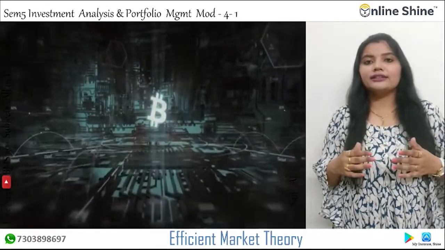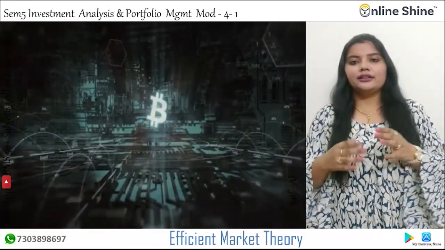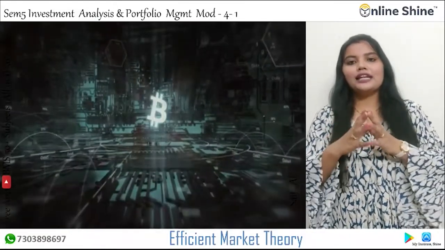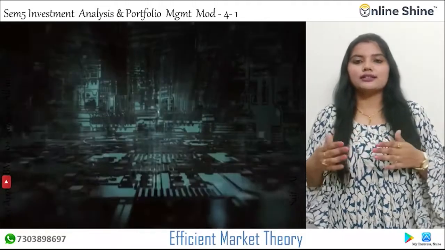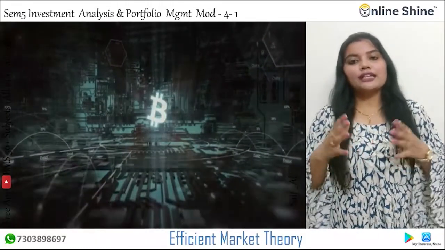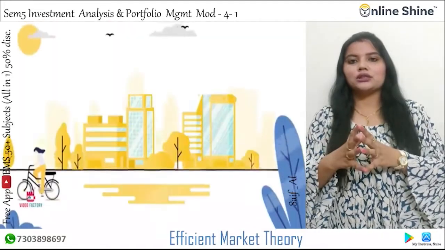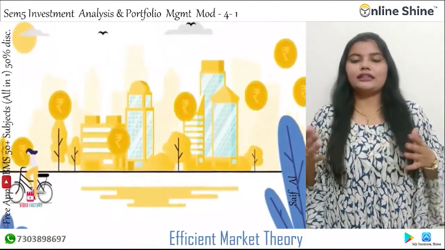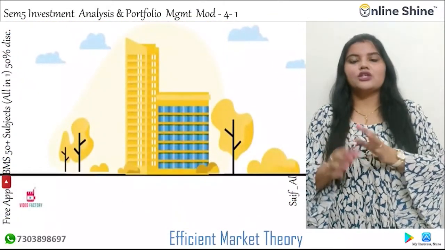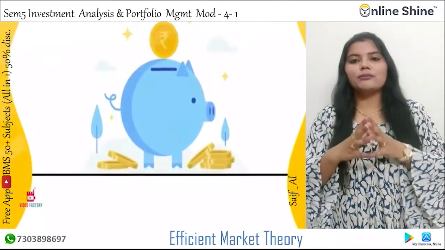And finally, investors must be rational and able to recognize efficient assets, and they will want to invest money where it is needed most, that is, in the assets with relatively high returns. So this is all about efficient market.